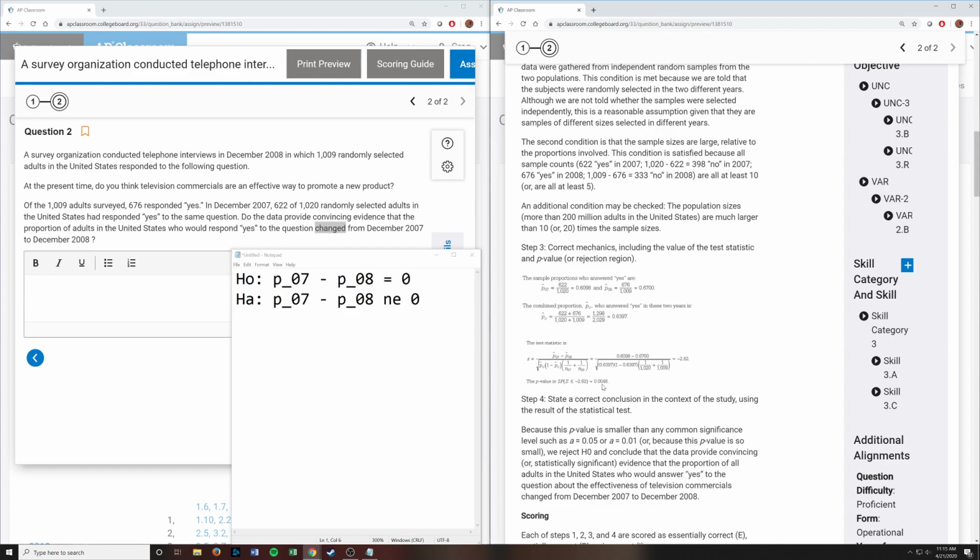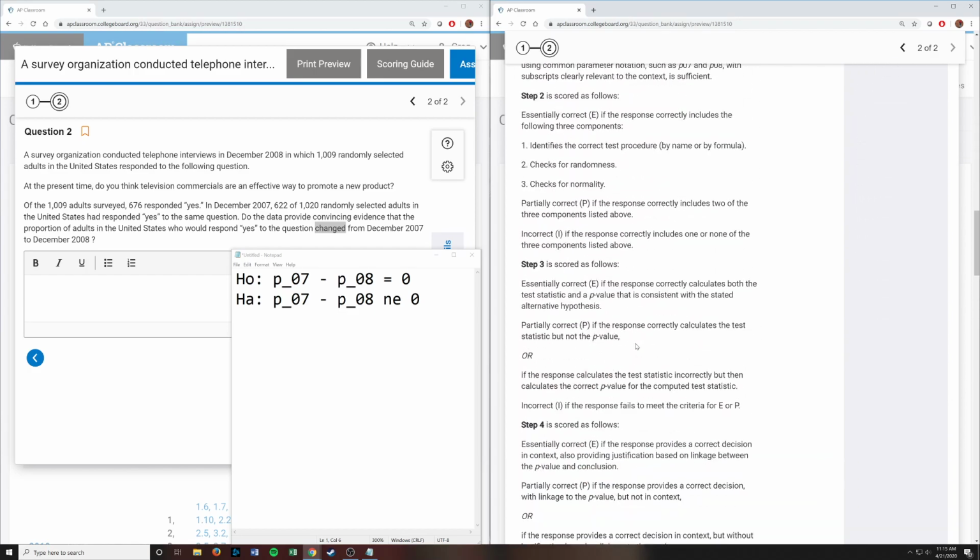Of course, when you do this test, you would have a sketch of the normal curve, and you would have both sides shaded, both ends. That's why they do 2 times the probability of this, because they need both the left end and the right end. Okay, so step 3, showing all this work for calculating the z-score and the p-value.